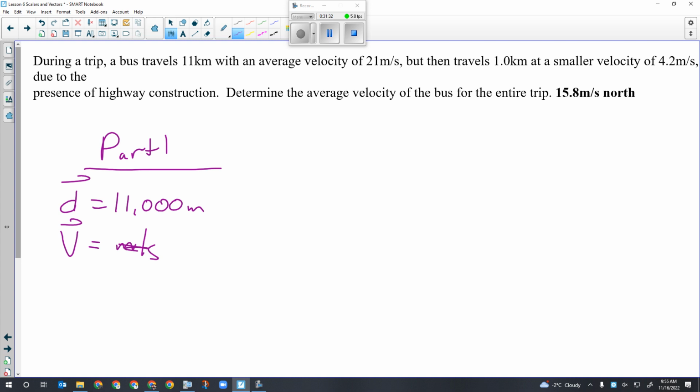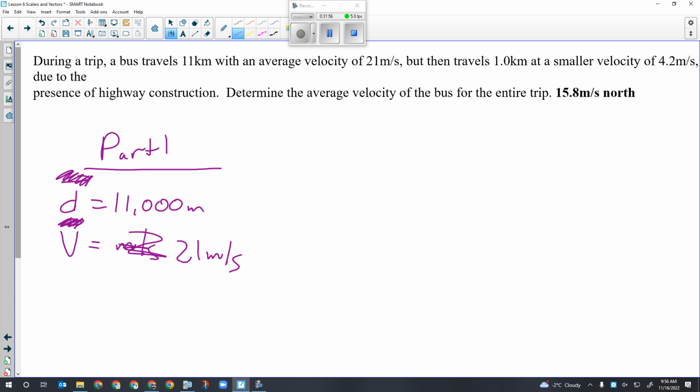So we're looking at 21 meters per second. Now, actually, this question is worded really badly. Does it ever tell me what direction that 21 meters per second is? Then it's not a velocity, is it?